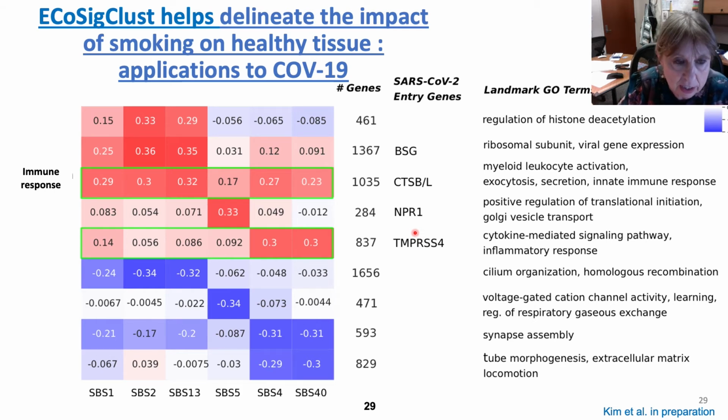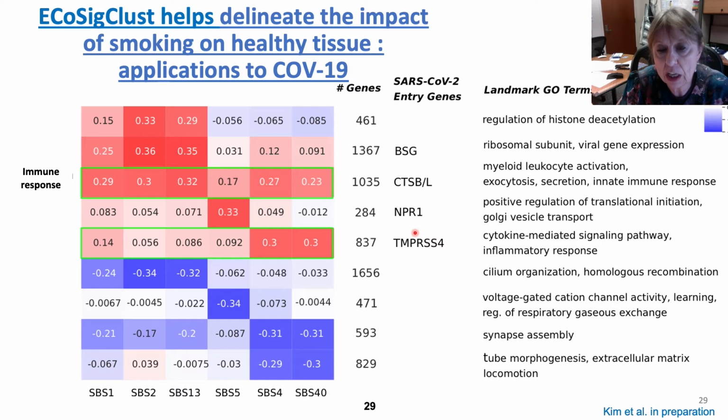Encouraged by the result of this analysis, we then applied EcoSig class to the healthy control tissue of lung cancer patients. What we wanted to learn through this analysis is the impact of cigarette smoking on the healthy lung tissue. We've been motivated to look at it because of a discussion in the literature about a potential positive or negative role, depending on which paper you read, of smoking on the susceptibility to COVID-19.